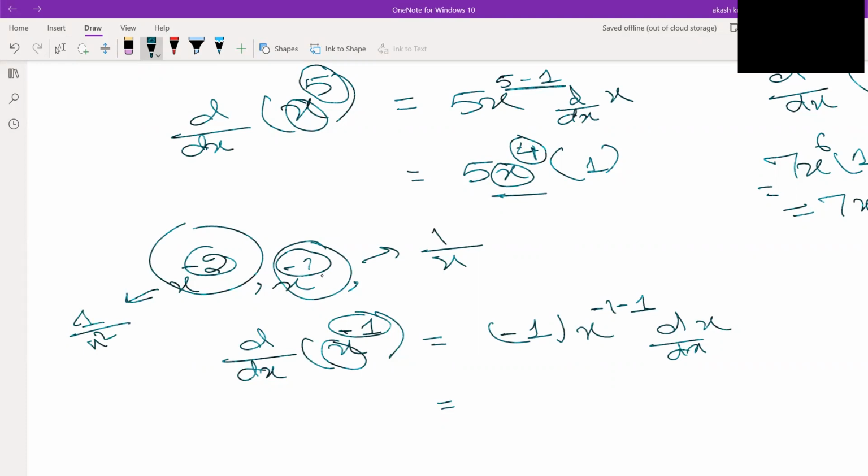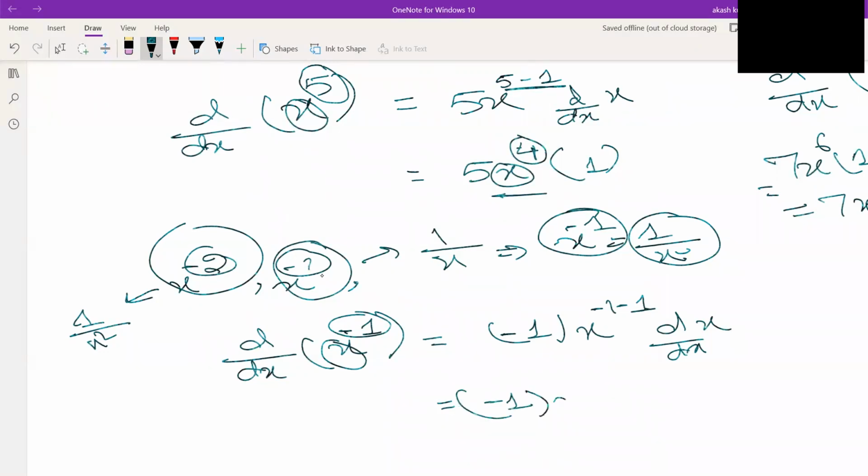Is this clear? I don't understand the 1 over x part. If x^-1 is equivalent to 1 over x, so if someone asks us to find the derivative of 1 over x, it's equivalent to x^-1, then we calculate the derivative using the same power rule: power first, then taking 1 from the power, and then taking the derivative of the base.